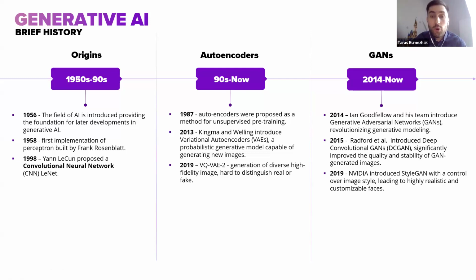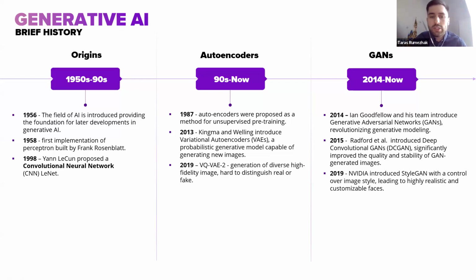Then, from the 90s till now, we can consider autoencoders. Why is that important? Because those were critical models for generating visual content. Visual content is hard to achieve because it's very high dimensional. Autoencoders presented a way to encode the data and operate with such complexity in an optimal way.